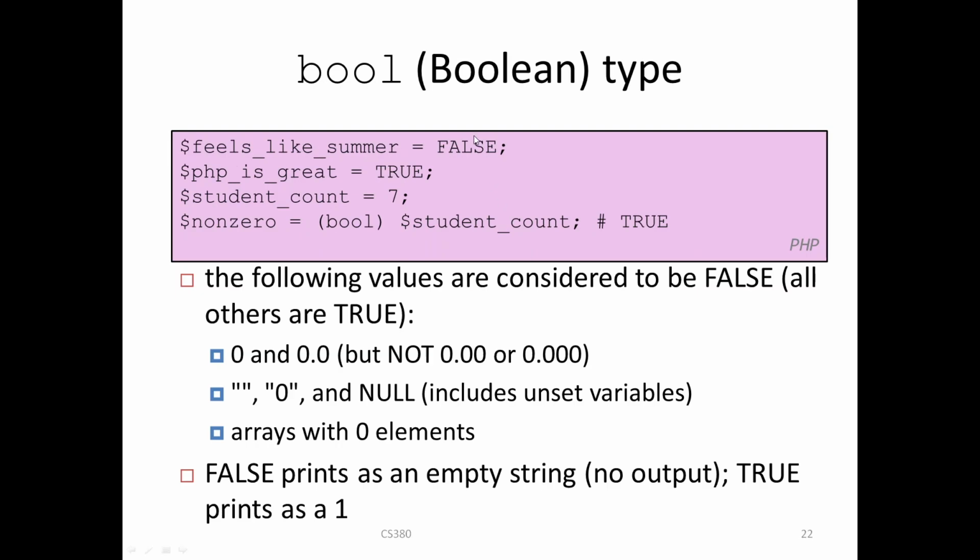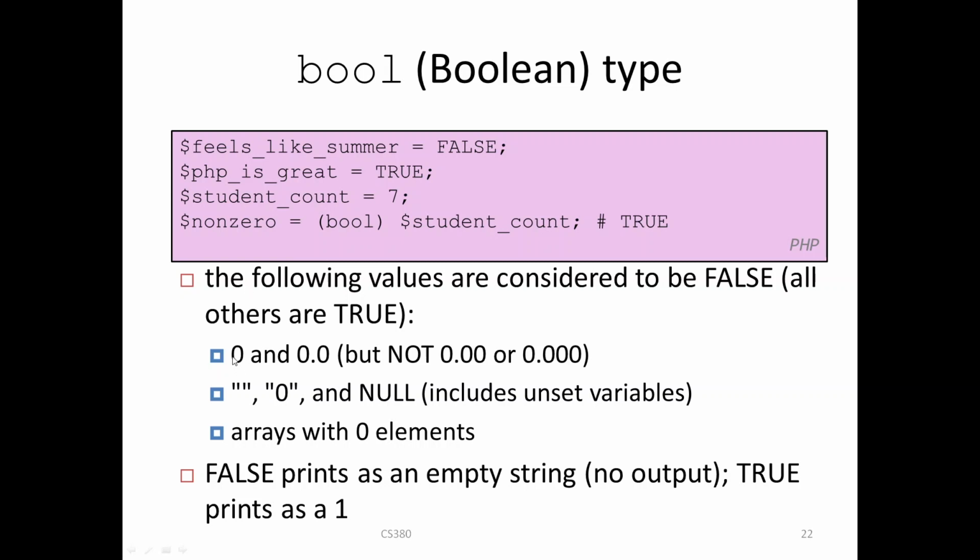These are the Boolean types. Again, because PHP converts everything implicitly into the required type, it can also convert any data type into a Boolean too. So how will it do the Boolean conversions? There are certain values that will be converted into false, sort of falsy values if you like.